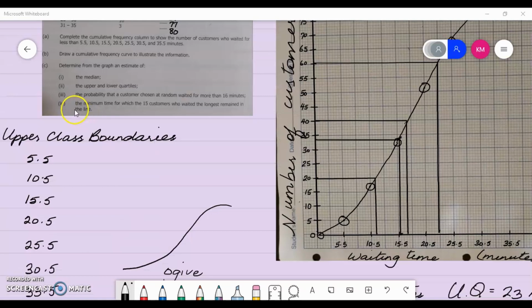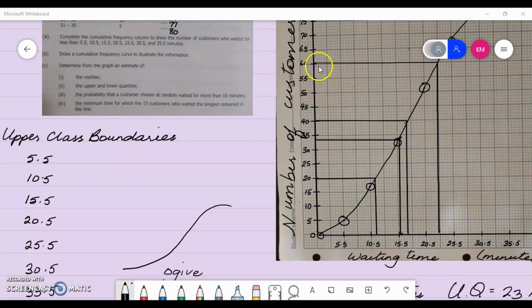And the last part of the question, the minimum time for which the 15 customers who waited the longest remain in line. So what I'm going to do is say 80 take away 15, and that is going to give me 65 customers.